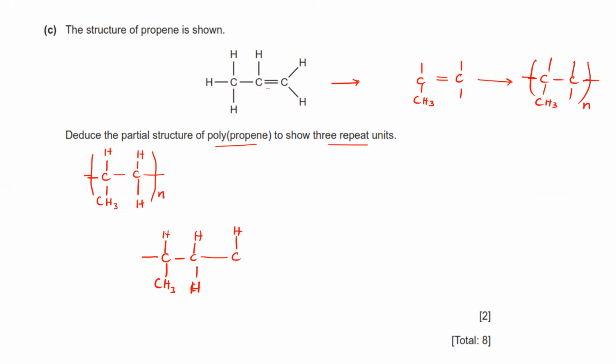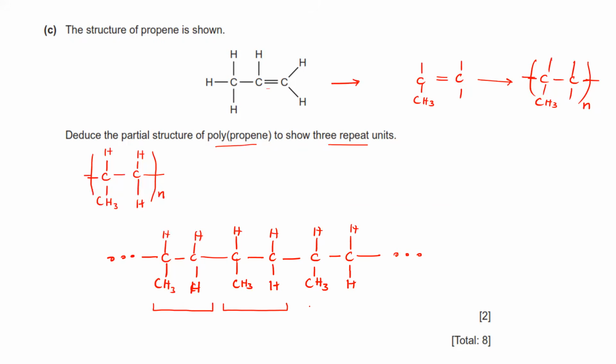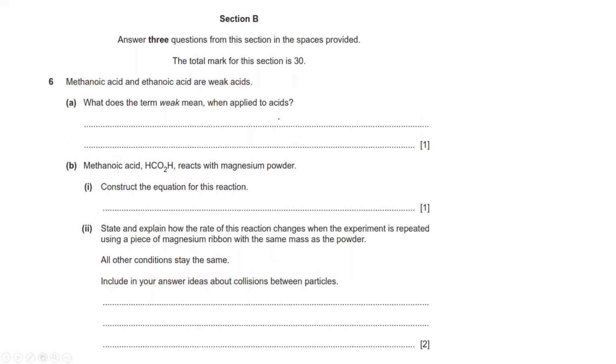Then again CH, CH3, CH. This is the second structure, and now the third one, H, CH3, CH, H, showing that this structure carries on. So this is how you draw a polypropene structure. And if it says that you have to give a generic formula for the polypropene polymer, it is something like this. Okay, so this marks the end of section A.